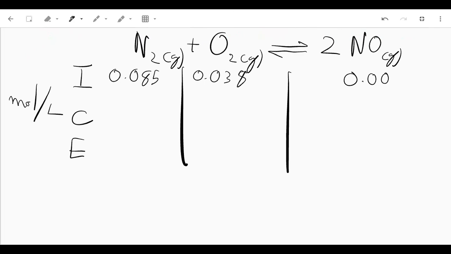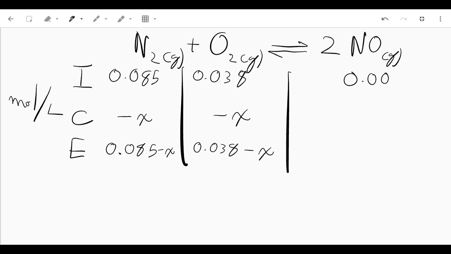Okay, then we need to figure out our change. We know that nitrogen and oxygen, they have the same coefficients, so they're going to decrease by x. But we do notice this time that their starting numbers are different, so their equilibrium numbers will be different as well. We're not going to be able to get away with just using a square root like we did last time.